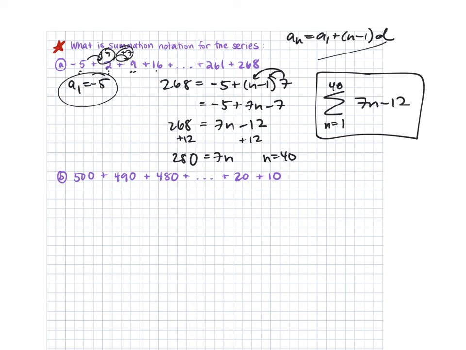So then you just plug in the 7, your first term is -5, and our last term is 268. I distributed the 7, and before I solved, this was my explicit formula. Then I solved for what n is when I get my last term, which is 268, which is when n is 40. So that's where this 40 came from. So hopefully that's what you got. And try your next one. Press pause. Check back for the solution.